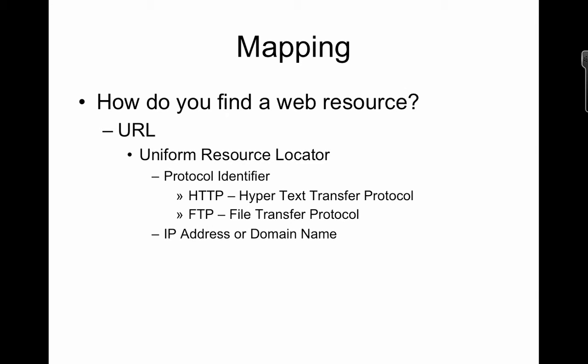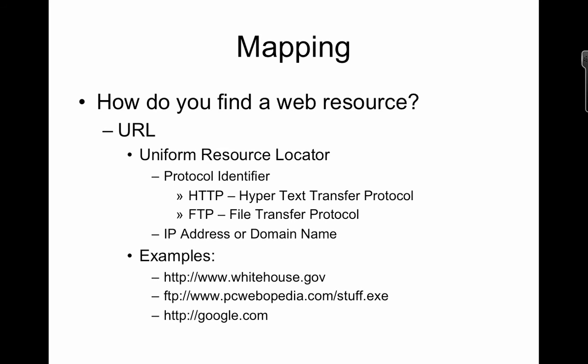You can have a specific address, numbers with dots in between, or the domain name, like http://www.whitehouse.gov, and so on. You get the idea. So everything is organized in terms of a particular protocol to be followed, a uniform resource locator.